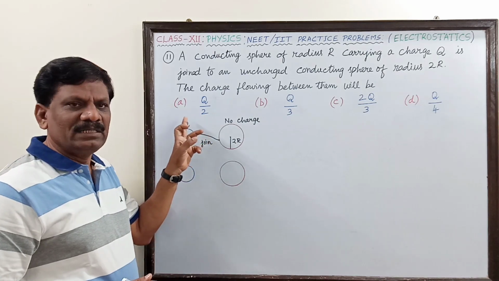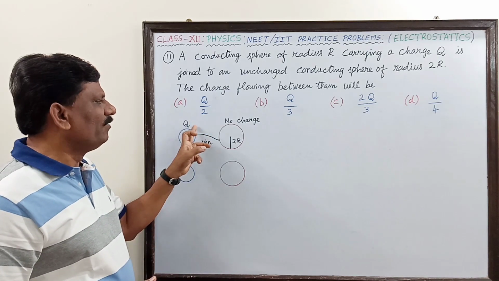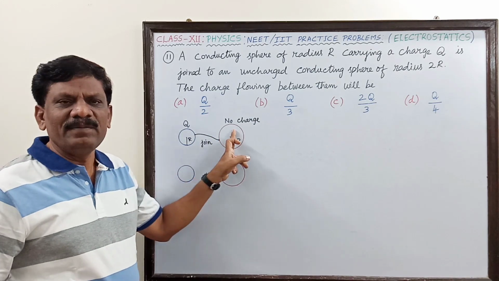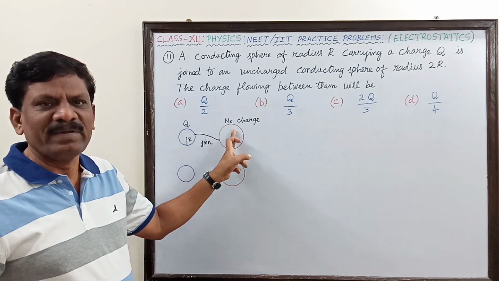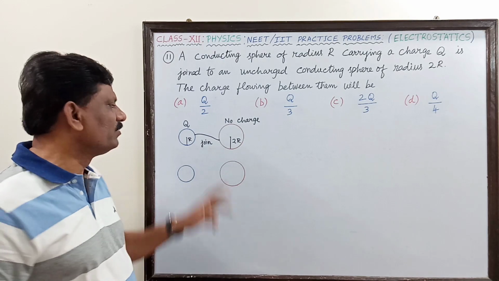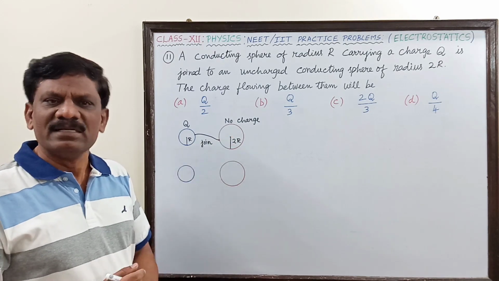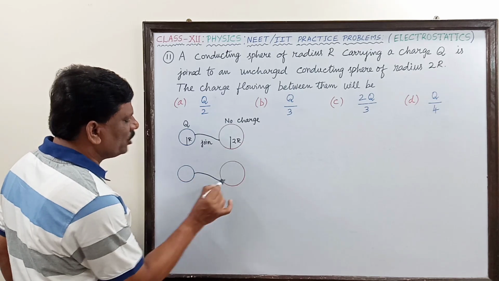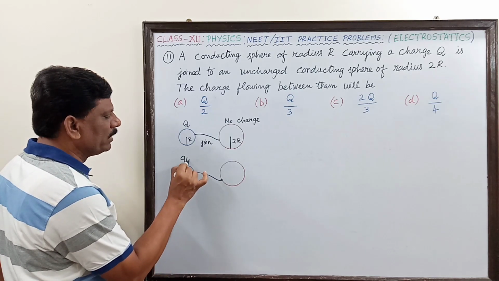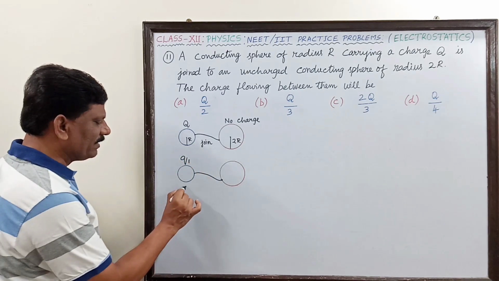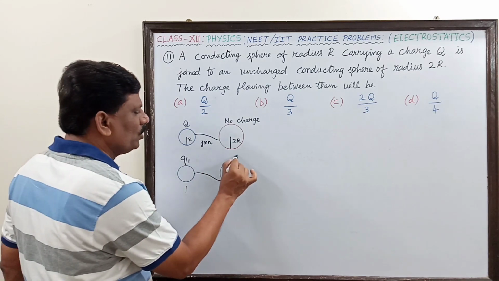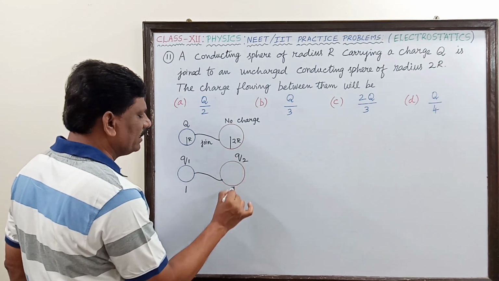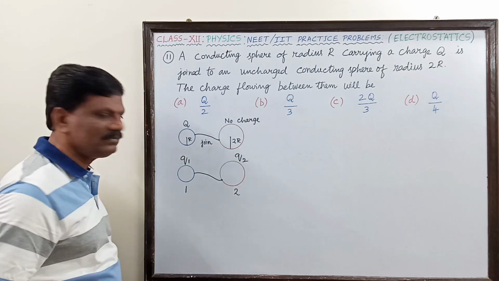The charge from sphere A will flow towards sphere B to some extent. A few quantity of charge will flow from the first sphere to the second sphere. So after joining, let Q1 coulomb be the charge in the first sphere and Q2 coulomb be the charge in the second sphere.